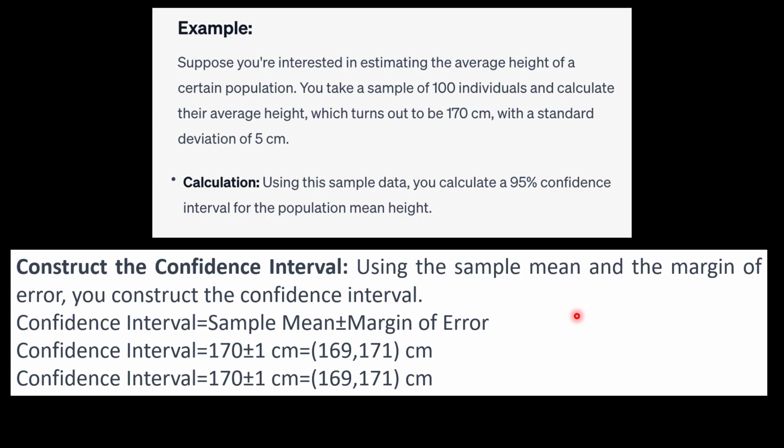If I know that I have margins of error, which means that I may have in the mean some population who are 175 or 169, so the confidence interval is from 169 to 171 if I know that the margin of error is only 1 centimeter.